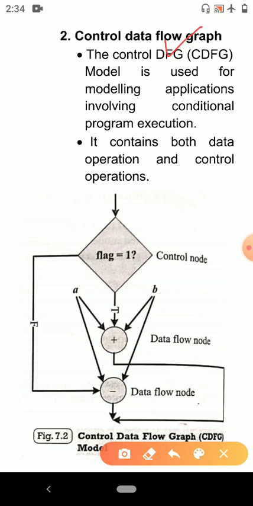The CDFG uses data flow graph as element and conditionals as decision makers. CDFG contains both data flow nodes and decision nodes, whereas DFG contains only data flow nodes.